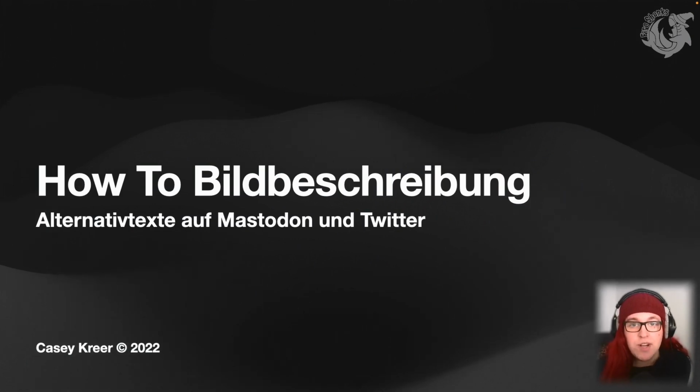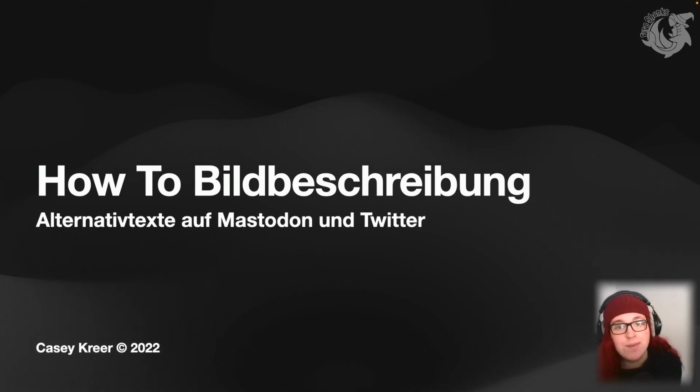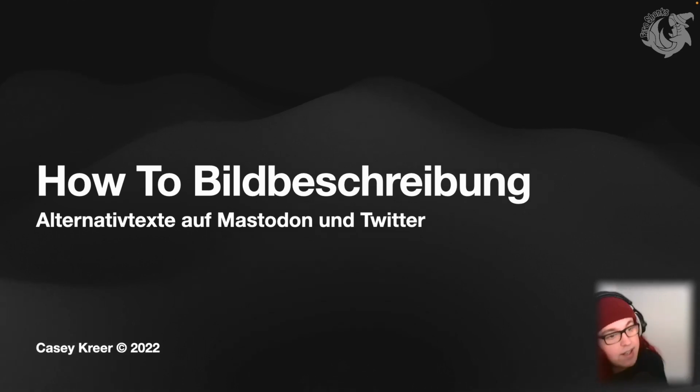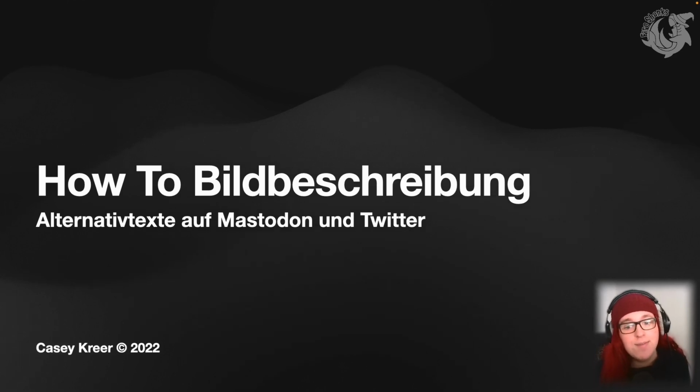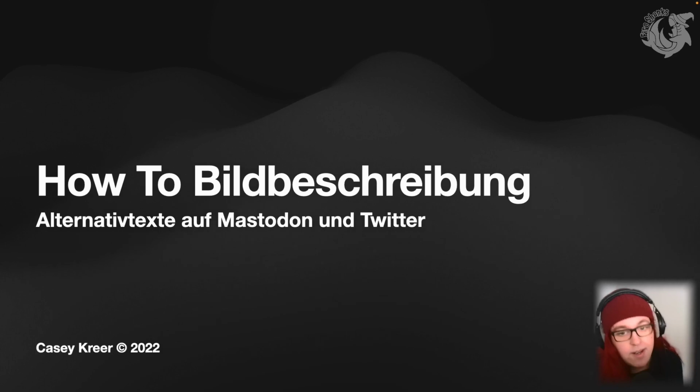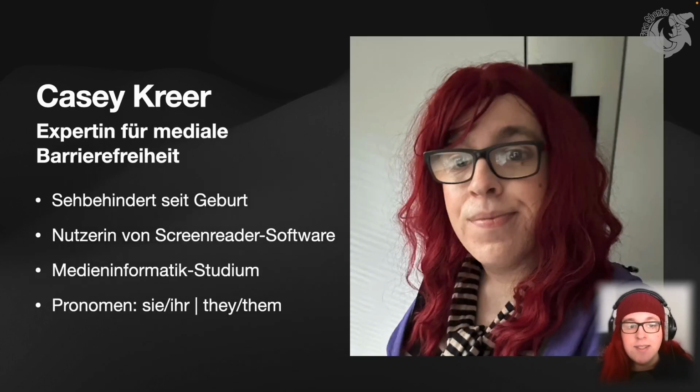Hi, and welcome to my talk, how to do image descriptions or how to include alternative text on Mastodon and Twitter in a quality that makes them usable for people with vision impairment or complete loss of sight. So I gathered all of my knowledge about it and want to take this next half hour to introduce you to it.